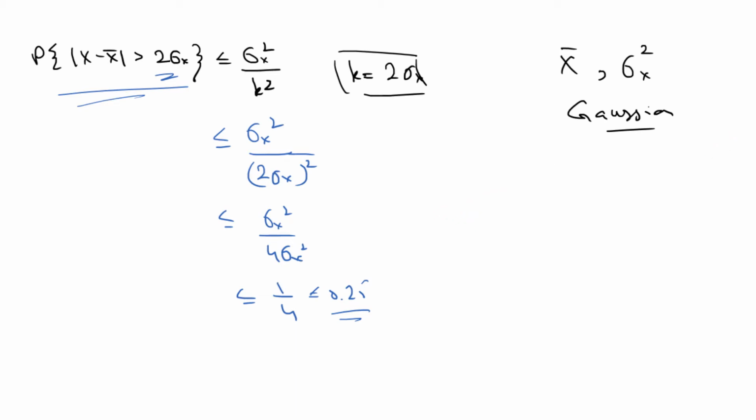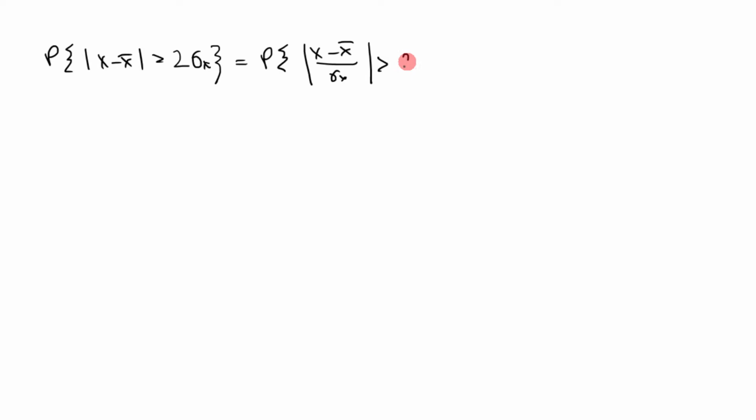Now let's suppose we calculate the same probability using the density function of Gaussian random variable fx of x. In this case, the probability of the magnitude of x minus x bar greater than 2 times the standard deviation sigma x will be equal to the probability of the magnitude of x minus x bar over sigma x greater than 2.